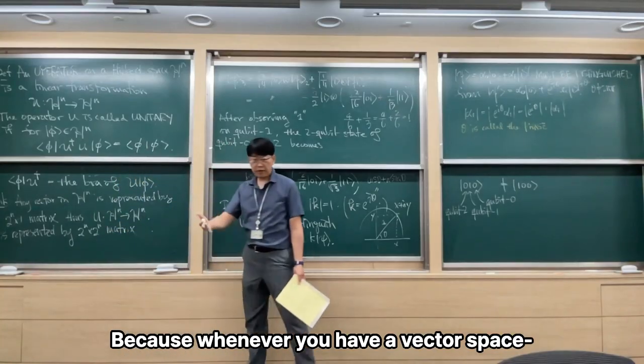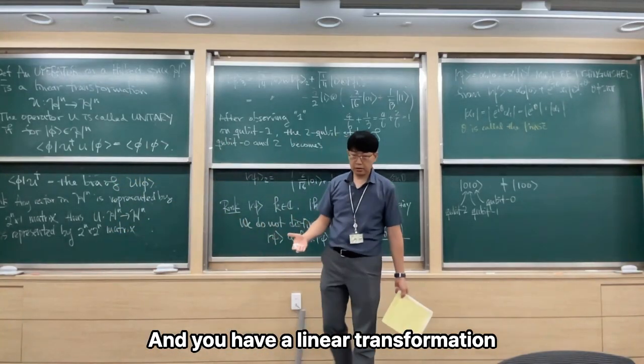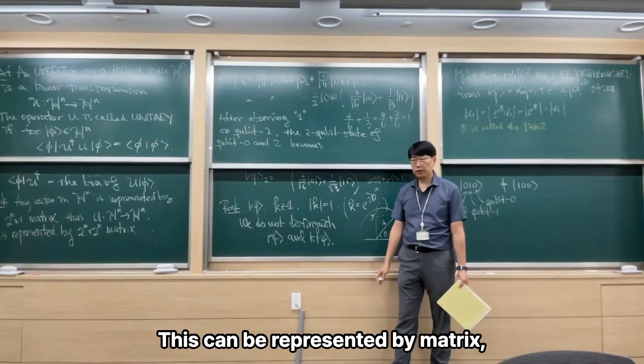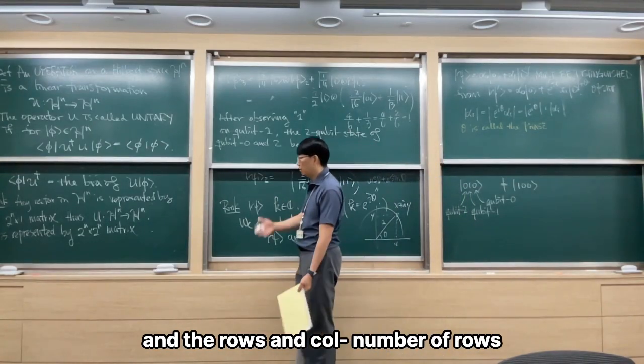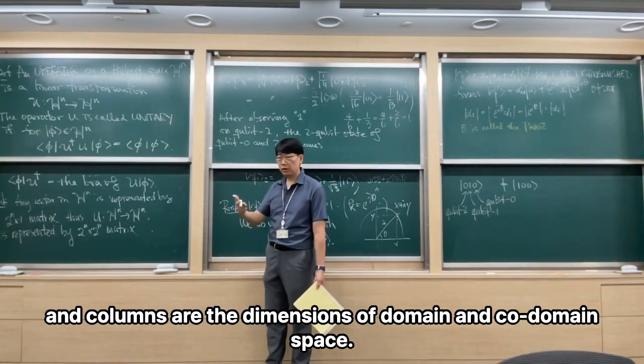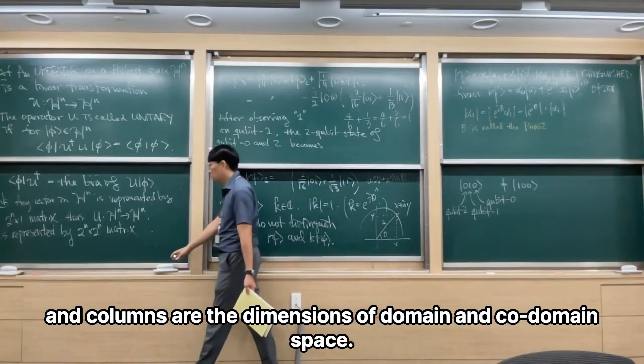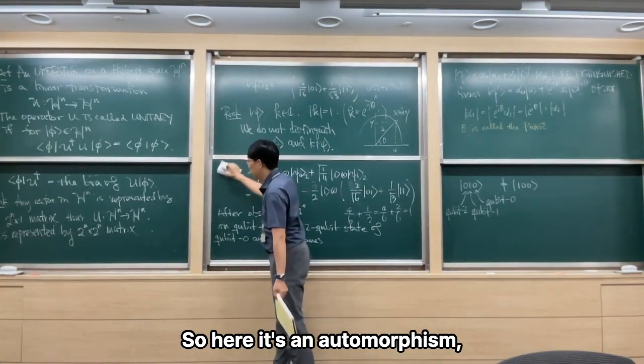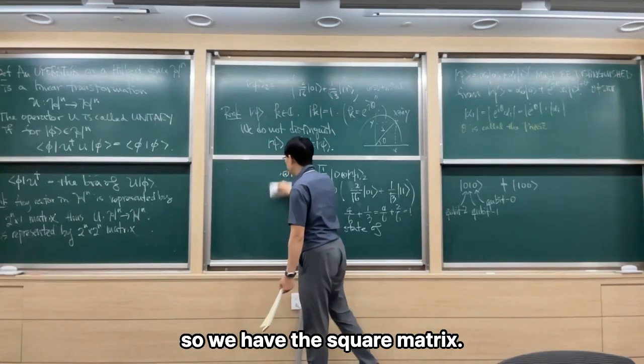Because whenever you have a vector space and a linear transformation between vector spaces, this can be represented by a matrix. The number of rows and columns are the dimensions of the domain and codomain spaces. Here it's an automorphism, so we have a square matrix.